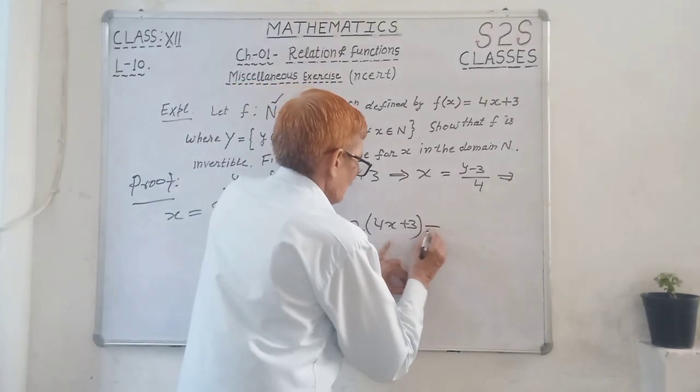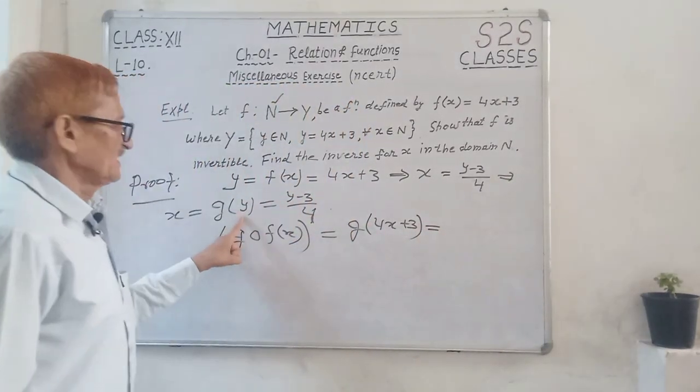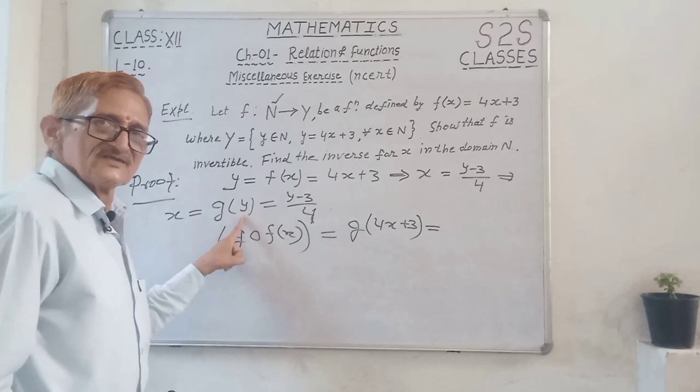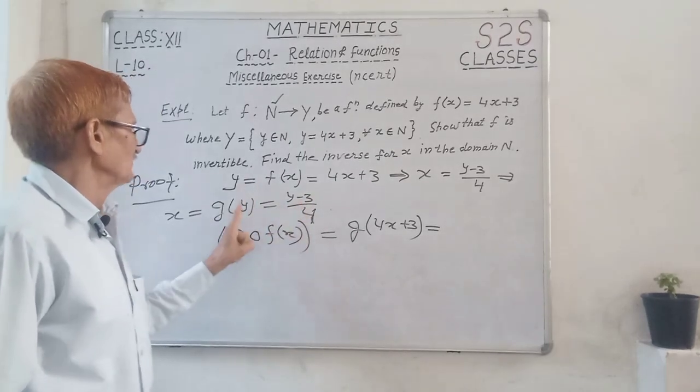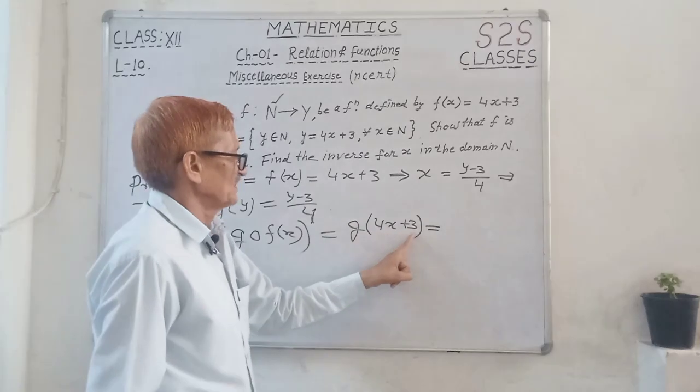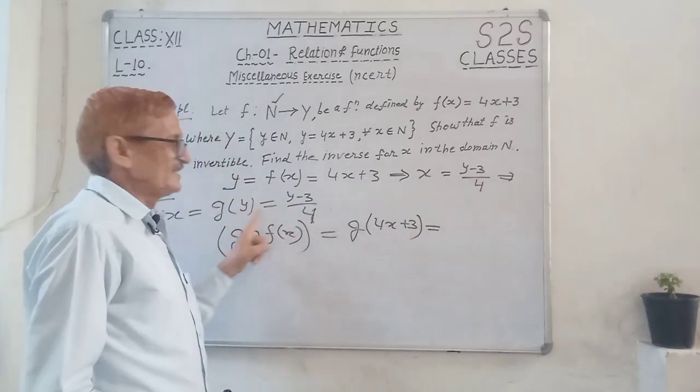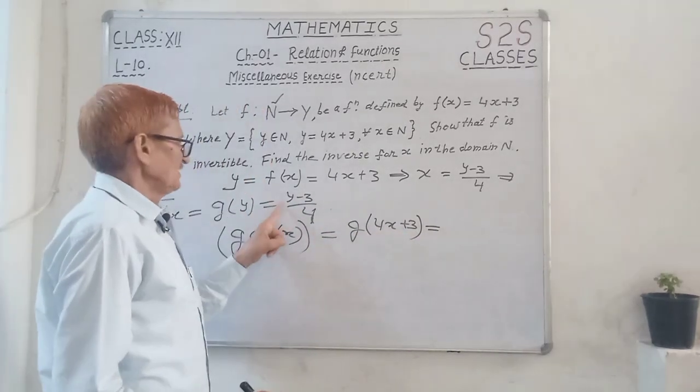Then this will be equal to the g function's definition: the nature of the g function, g(y) is equal to (y minus 3) upon 4. So g of 4x plus 3 will be, instead of y, put 4x plus 3 on both sides.